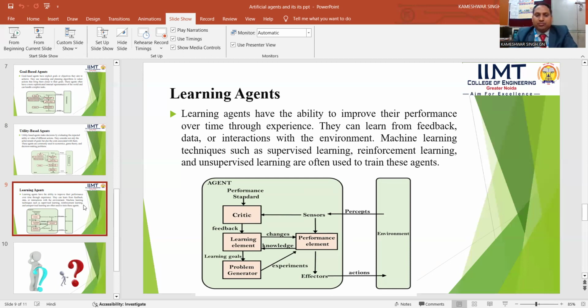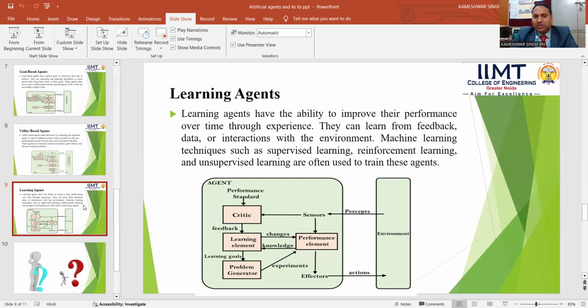If there is some type of error while performing the actions, it suggests you are going the wrong way. This is known as the critic. Critic means it knows well about the conditions, and if you go the wrong way, it suggests you are going the wrong way.